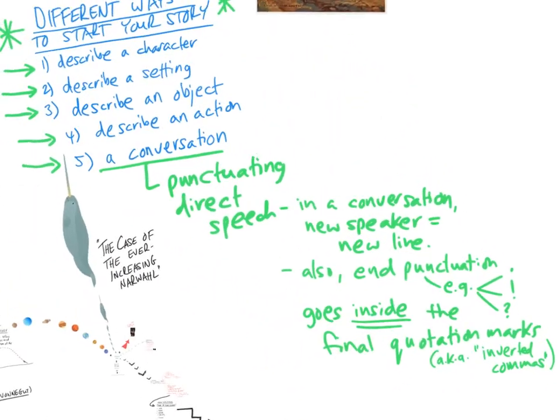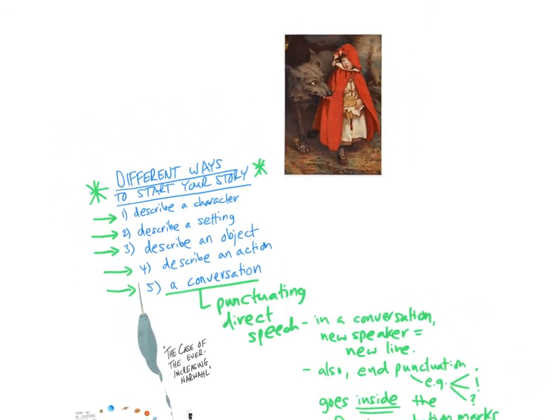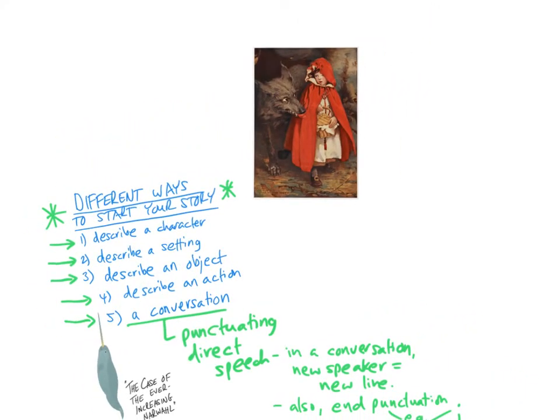Okay, folks, so we've got those 5 possibilities of starting a story. So if we took the imaginary story of Little Red Riding Hood. Imagine you came up with the idea of Little Red Riding Hood. It hasn't been written yet, right? It's a story that is your idea.